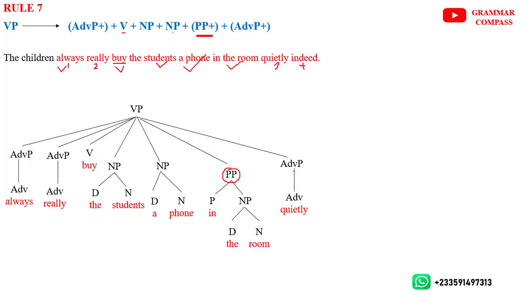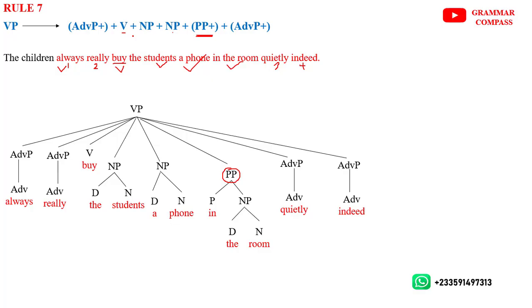That is why we have only one branch consisting of one adverb, that is quietly. What about indeed? We need another branch. This adverb phrase consists of one adverb, that is indeed. We are done representing rule number 7 on a tree diagram. Now take your time, write down a similar verb phrase that has this rule or this structure.